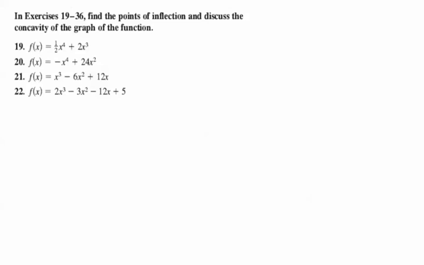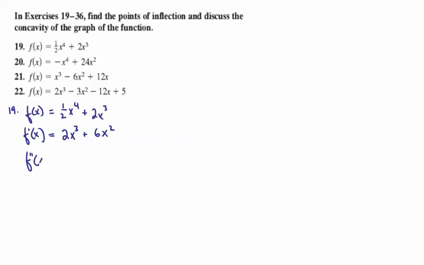So let's get started with number 19. At 19 we have f of x is 1/2 of x to the fourth plus 2x to the third power. Our first derivative is 4/2, which is 2, reduce the exponent by 1, 2x to the third, plus 3 times 2, 6x to the second power.